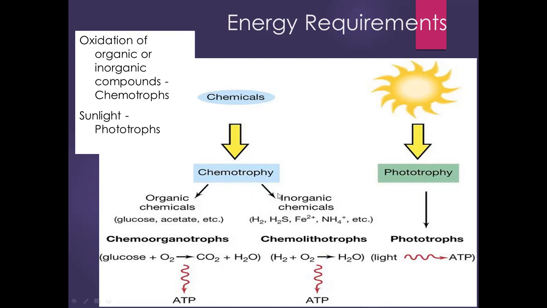If they oxidize inorganic compounds like H2, H2S, iron, ammonia, or others, they are named chemolithotrophs, and they transform chemical energy into the chemical energy of ATP. These microorganisms are also non-pathogenic, mostly free-living soil bacteria.